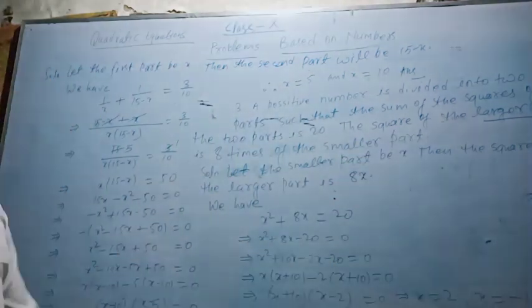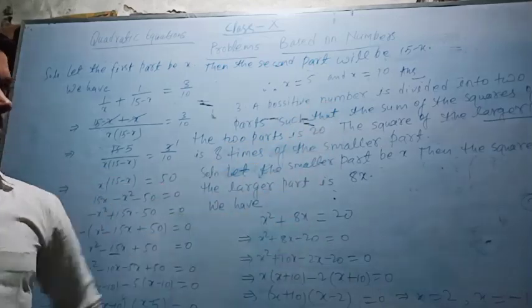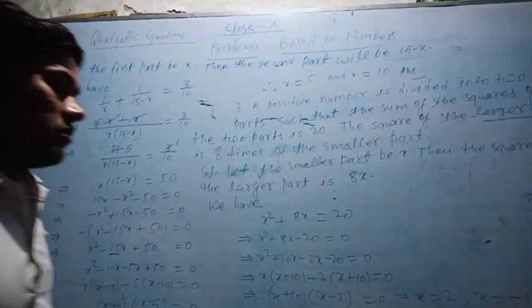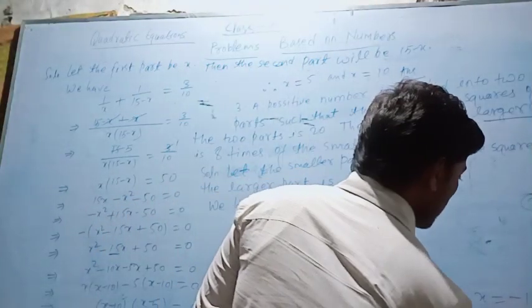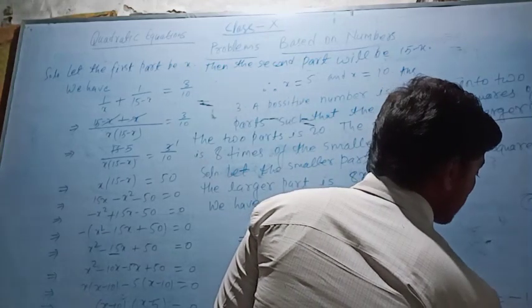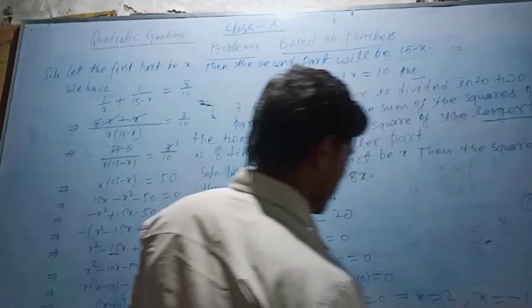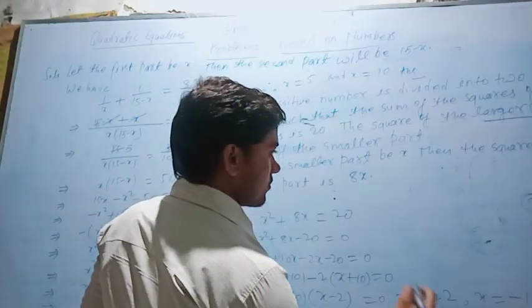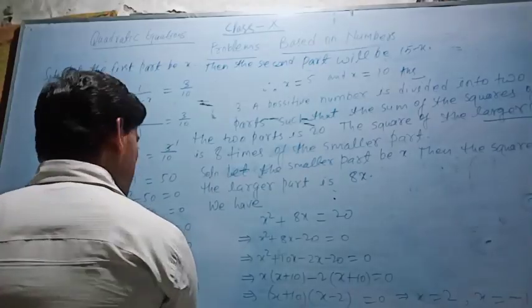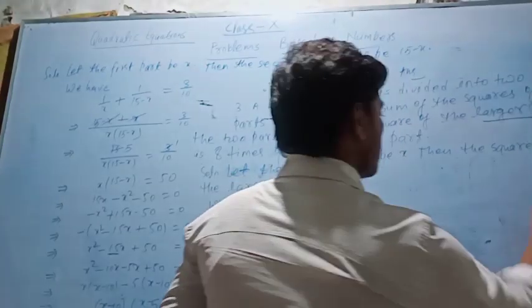A positive number is given, so x equal to minus 10 is impossible. Hence x is equal to 2 is the correct answer.